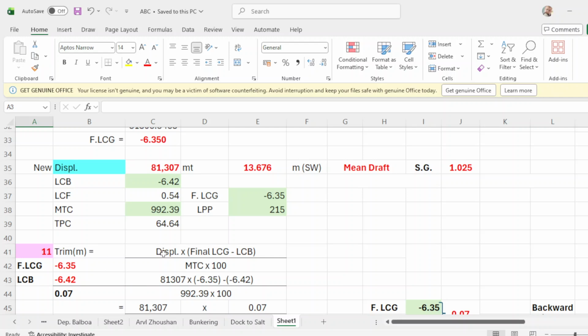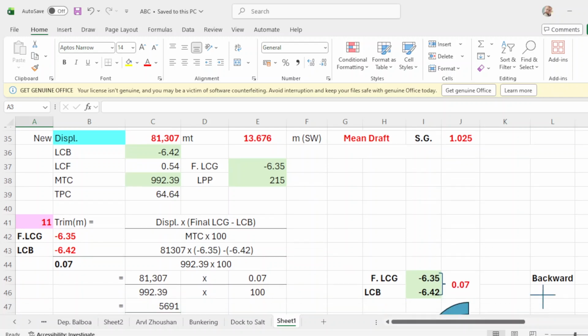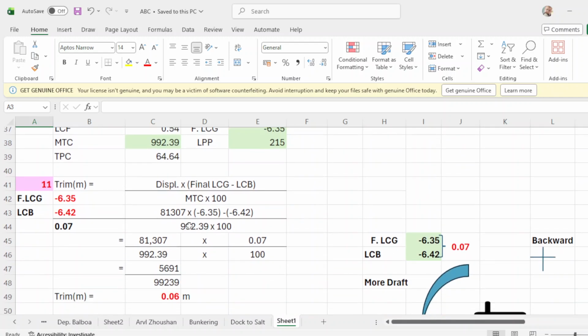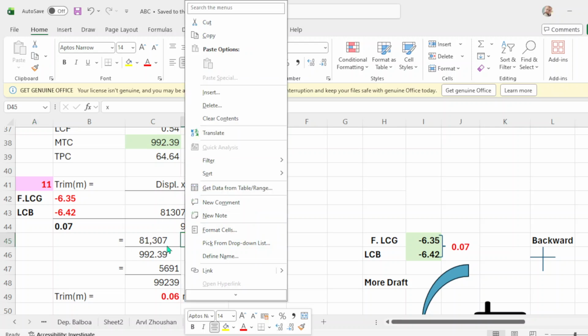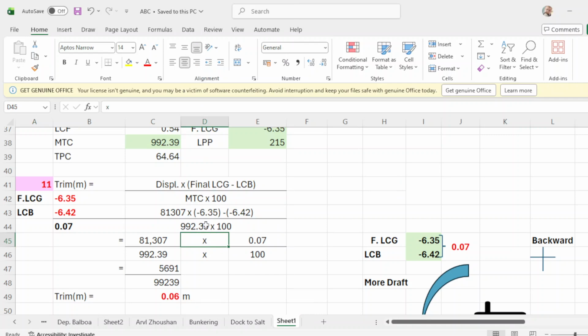So transpose, your displacement is 81307 times LCG of negative 6.35 minus negative 6.42. So deduct this, and that will be 0.07 times your displacement, over your MTC, which is 99239, times 100.